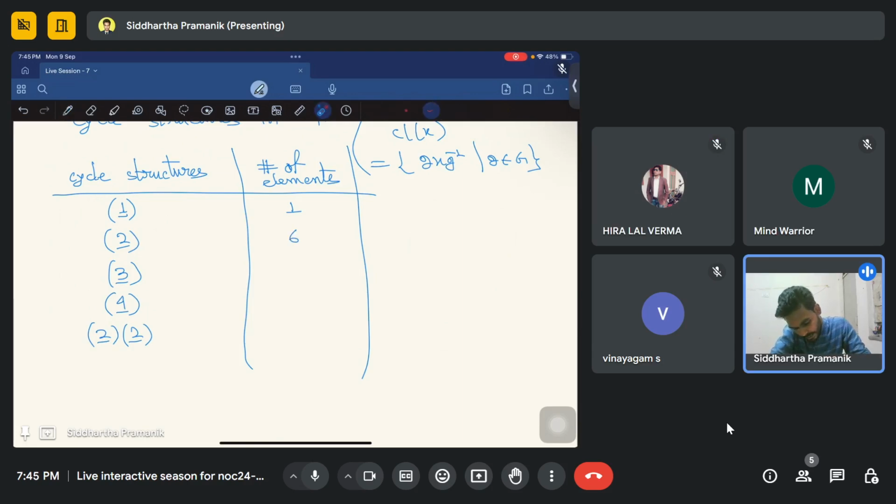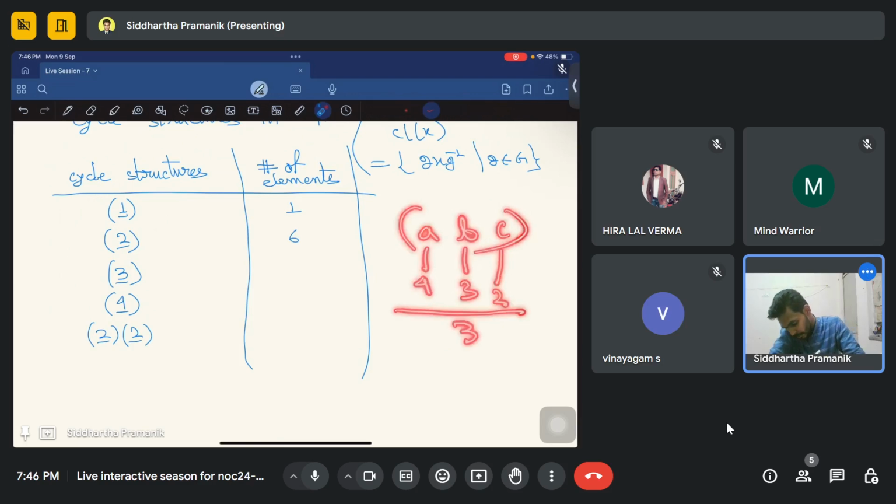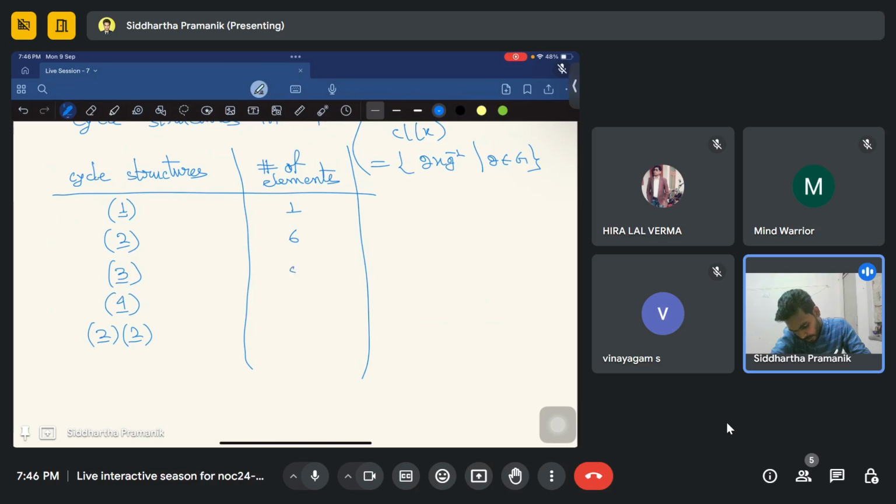Similarly for 3 cycles, it has 4 choices, 3 choices, 2 choices, and a 3 cycle can be written in 3 ways. So we divide it by 3. So it is 8.